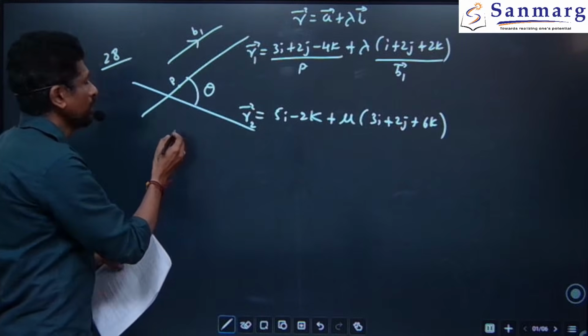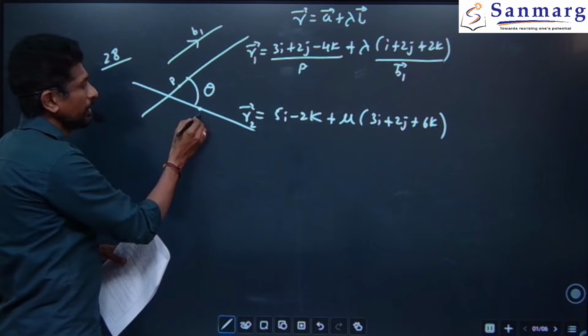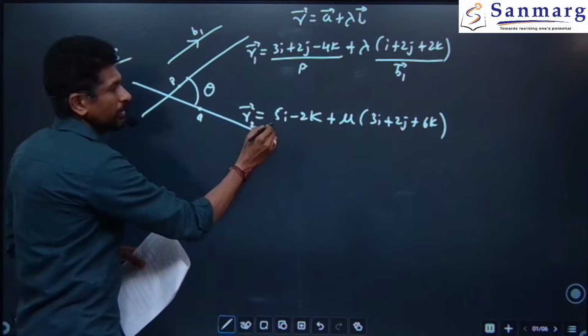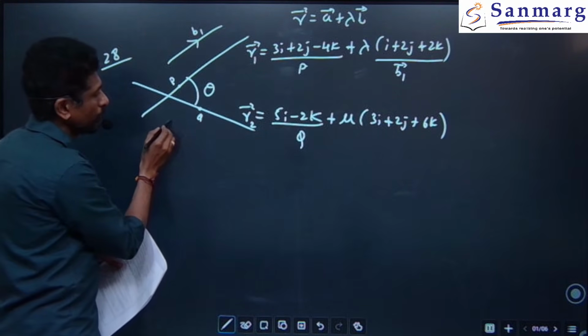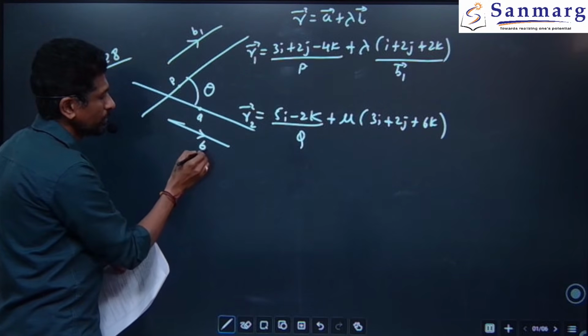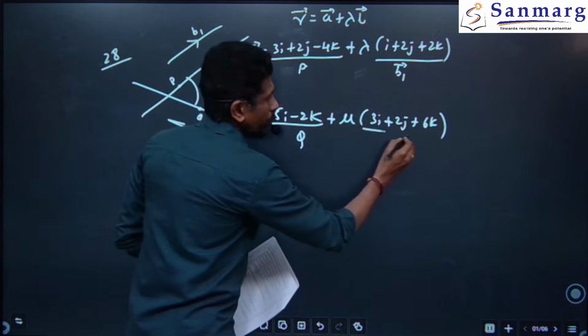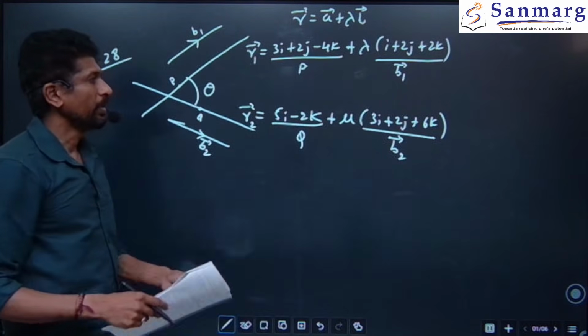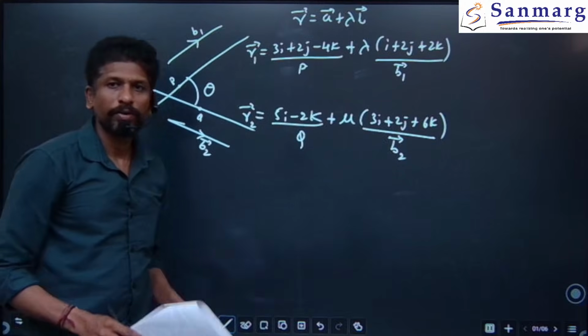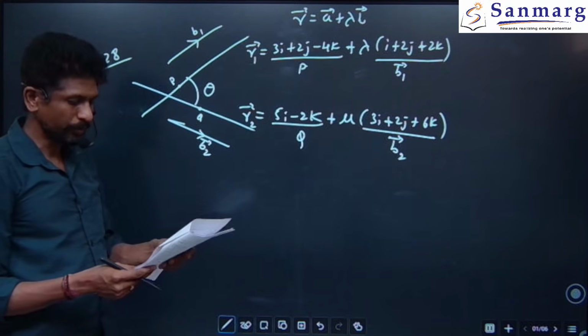Same thing, the second one has the Q point, and for that r2 equation of line, this is the b2 vector. By using the lines itself we can find the angle between the pair of lines.